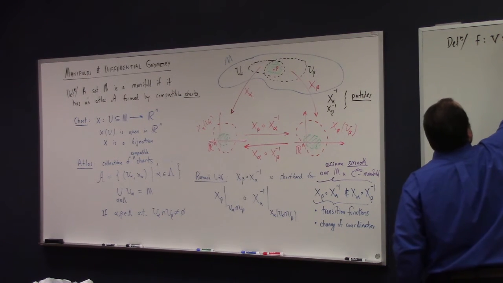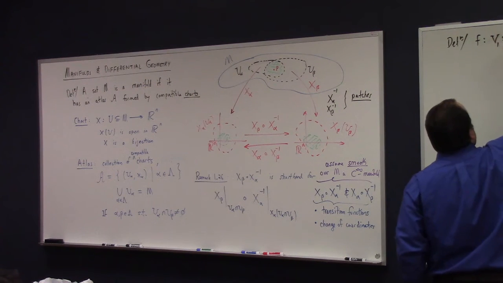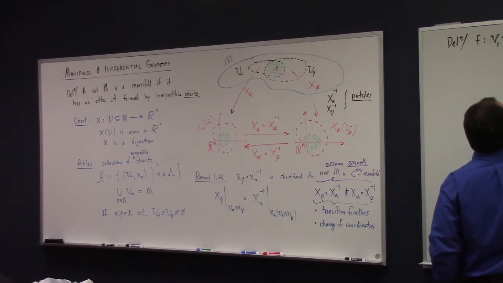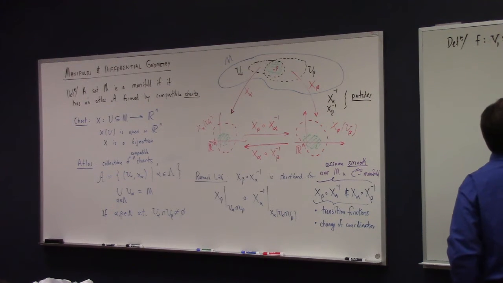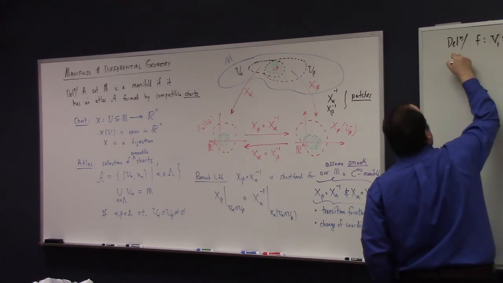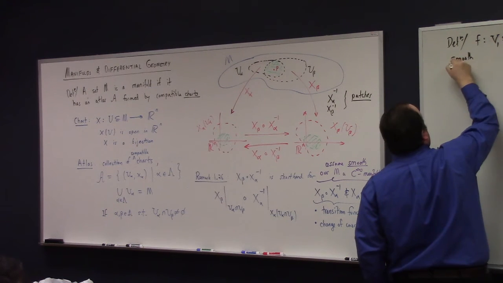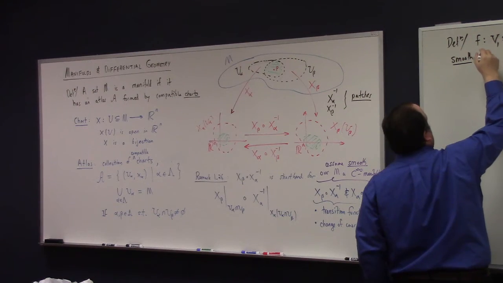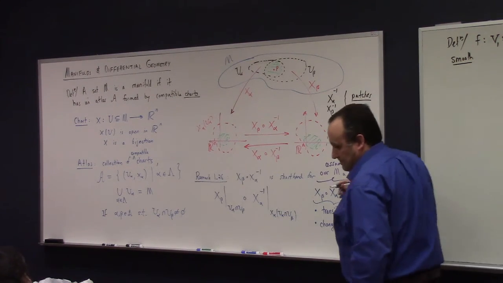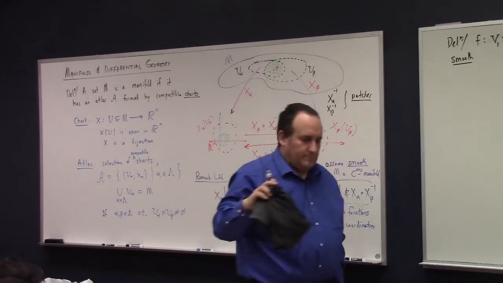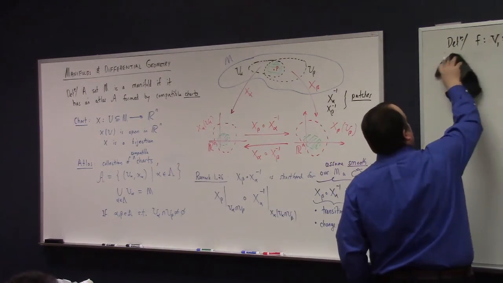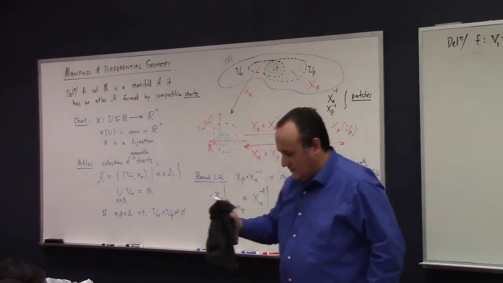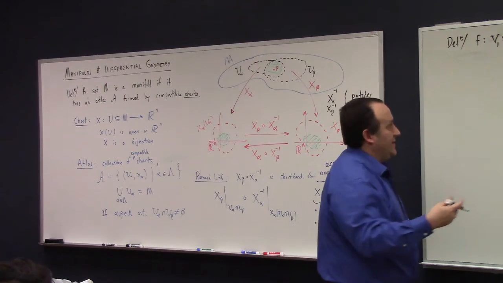A subset of Rm, and let's say v1, v2, subsets of Rm, is smooth. Well, let me dial it back a second here. So I've been using this term smooth as if you know what it is. Let me just take a second to elaborate on that for a minute.